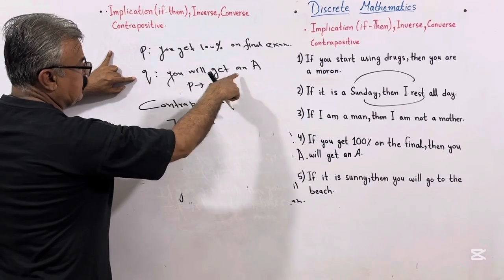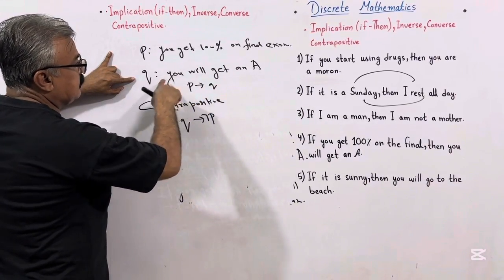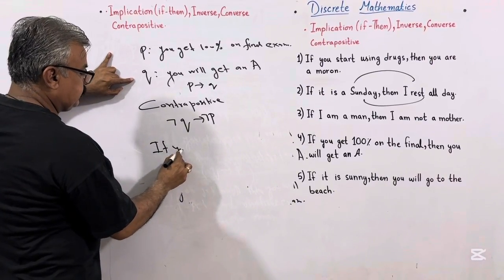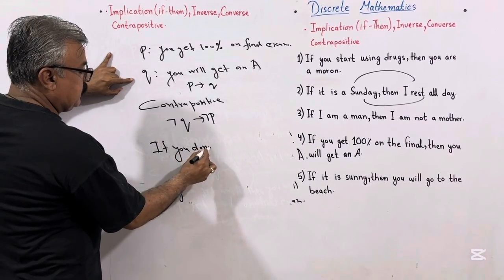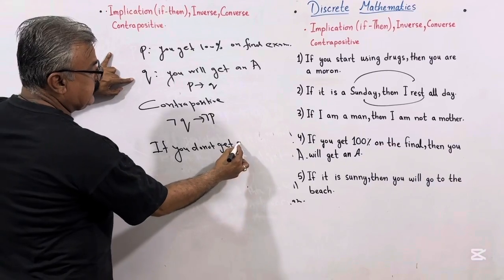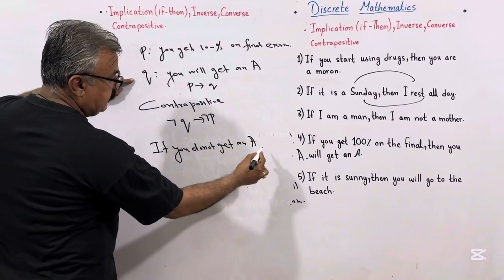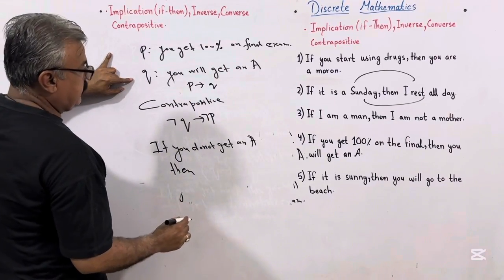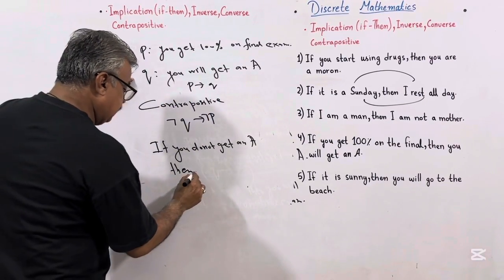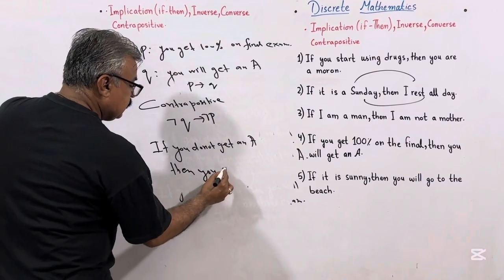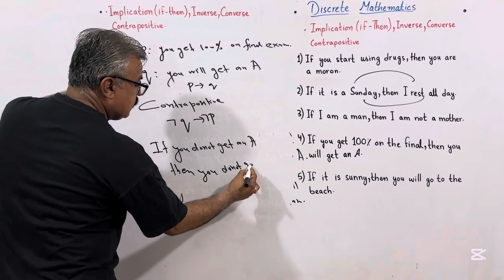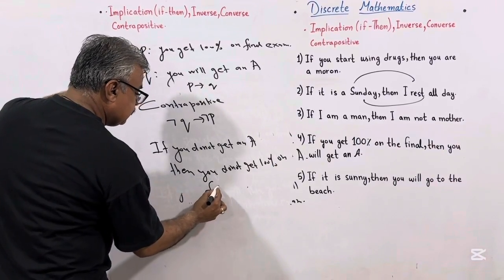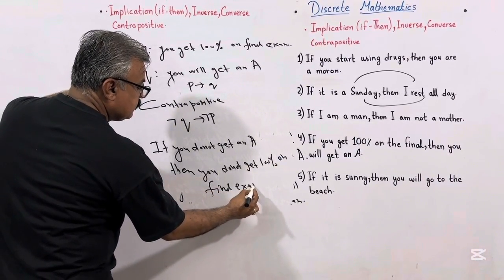You will get an A. According to this condition, now this is our if condition. If you do not get an A, then you do not get 100% on final exam.